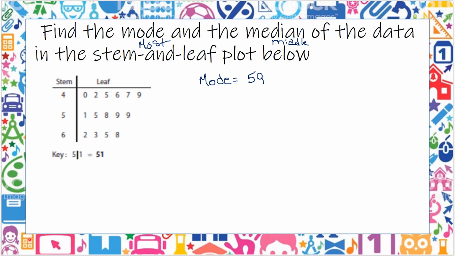So 15, the middle number is number 8. So I'm going to count 1, 2, 3, 4, 5, 6, 7, 8. That means there are 7 on each side, and the median is 55. Because there's 1, 2, 3, 4, 5, 6, 7 numbers after it and 7 numbers before it.